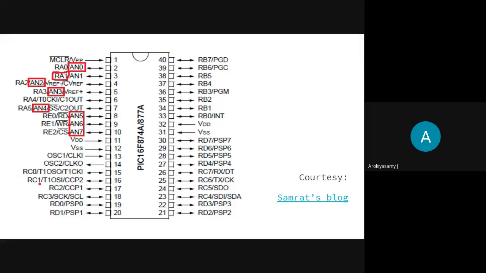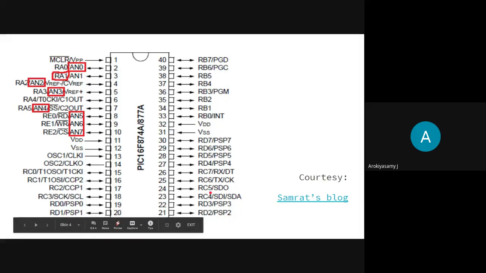RC1, port C, first bit. RC2, port C, second bit, third bit. RC3, here RC4, 4th bit of port C. RC5, 5th bit. RC6, 6th bit.